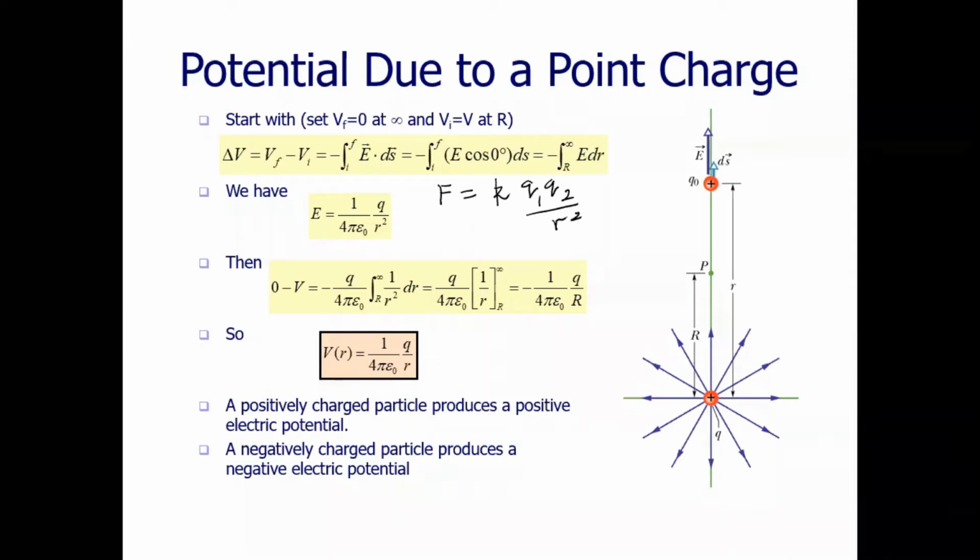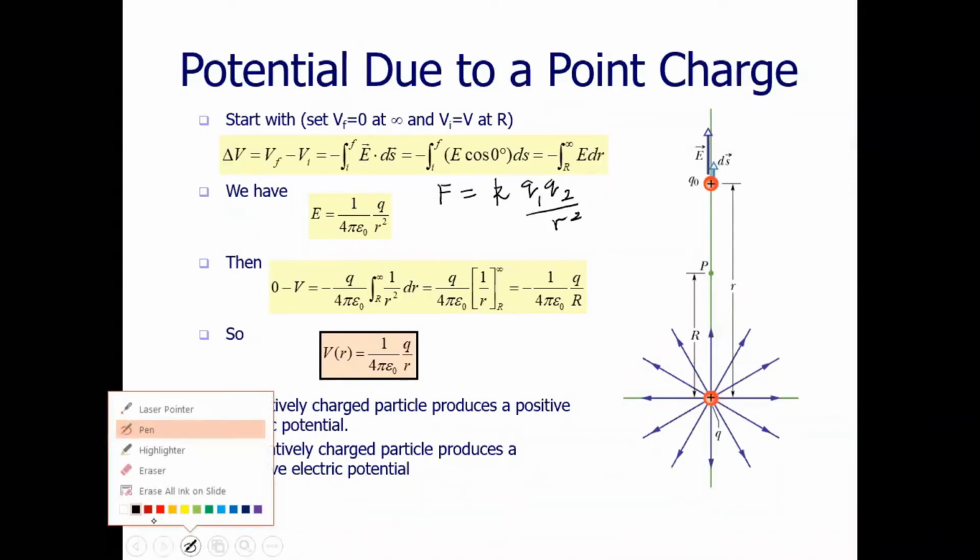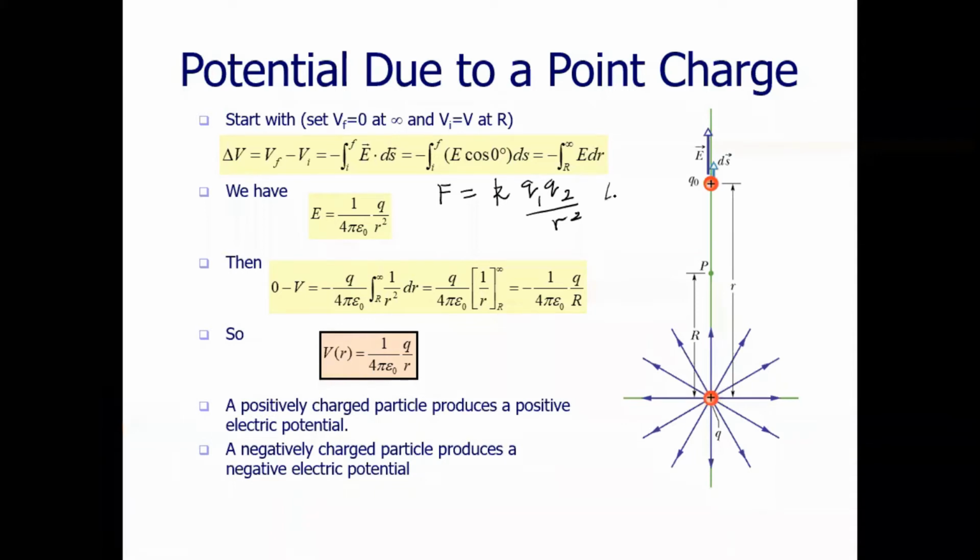And then when we came to the electric field, we said that the electric field was basically the force per unit charge. The electric field due to a point charge was just given by K times that point charge over R squared.